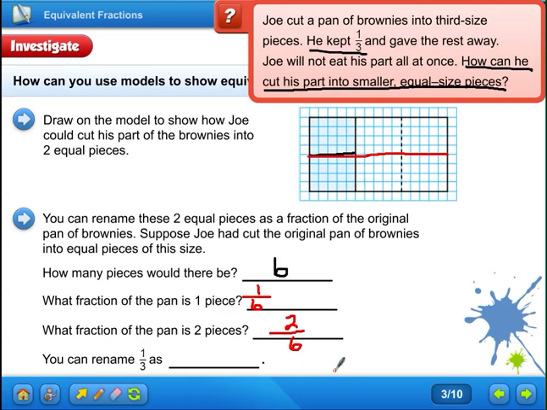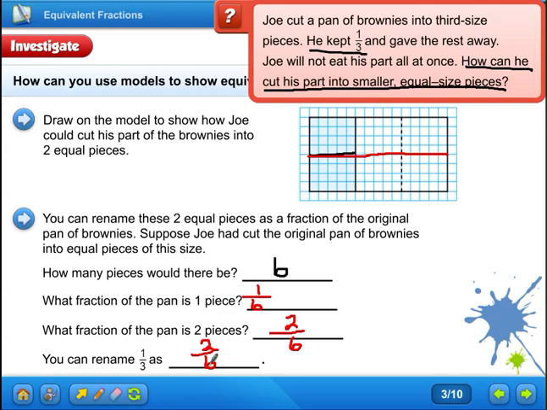So you can rename 1/3 right here as 2/6. 1, 2 out of 6. 2, let's see if I can do better keeping it on the line. 6, a little better.